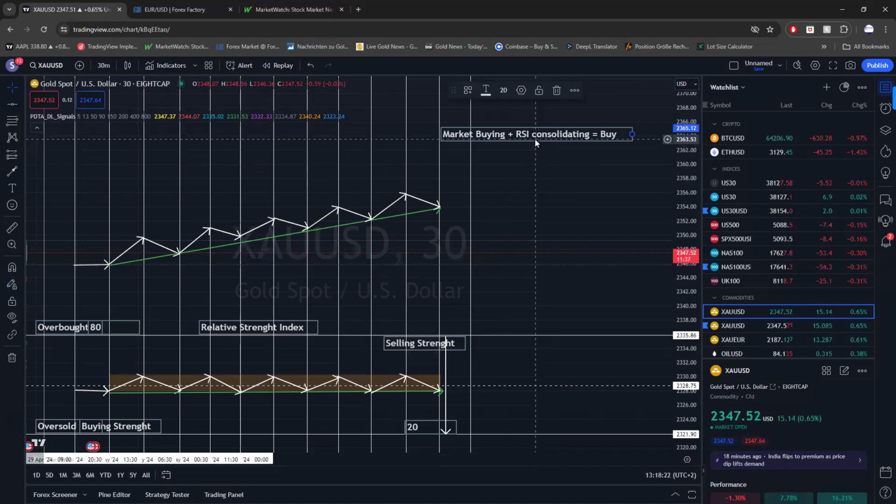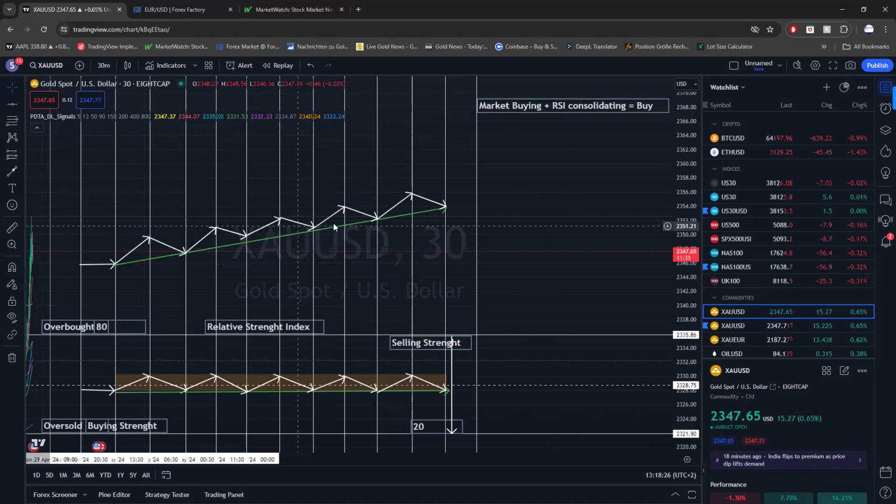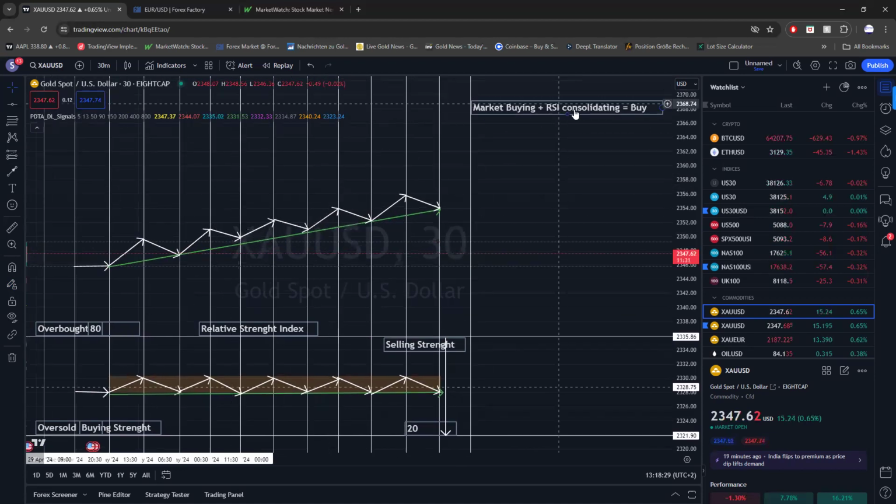So this is the first scenario. Market buying here, and the RSI is consolidating here, is equal to a buy. Does that make sense? Market buying, the RSI is consolidating, is equal to buy.